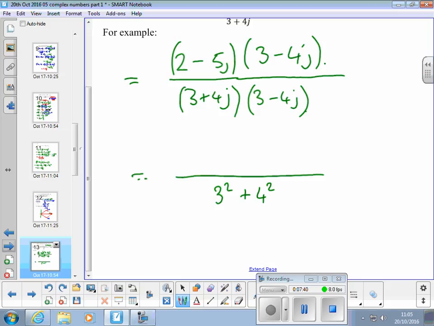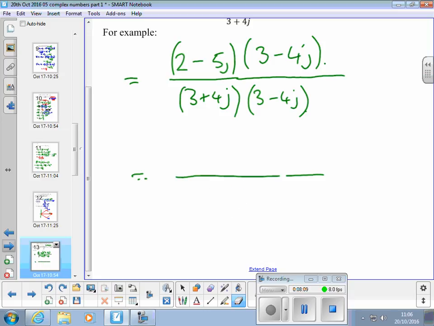If you're uncomfortable with that, multiply it out and prove it until you are comfortable with it. Would you prefer I wrote it out? They only cancel out if the j terms are the same size but the signs are different.